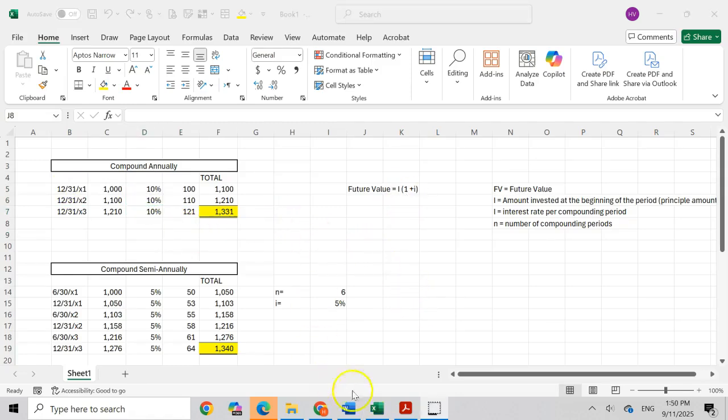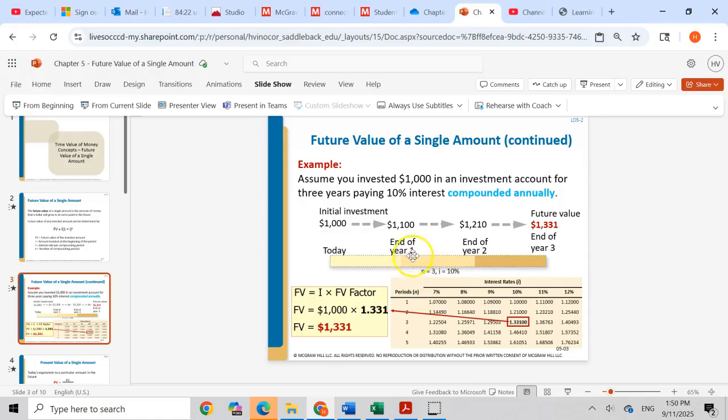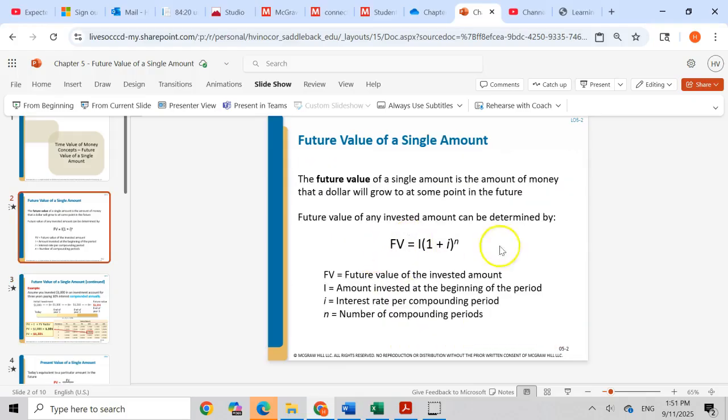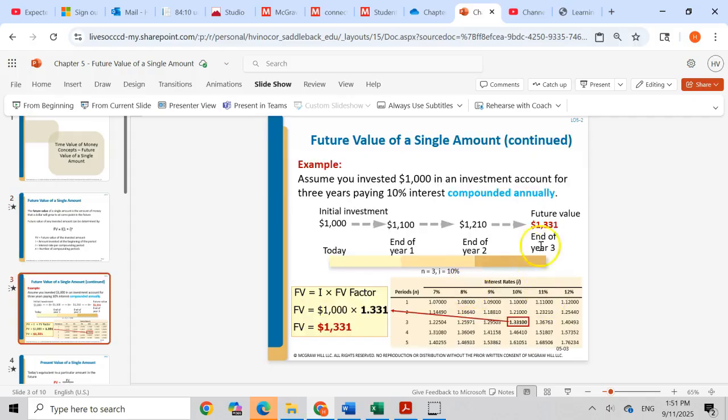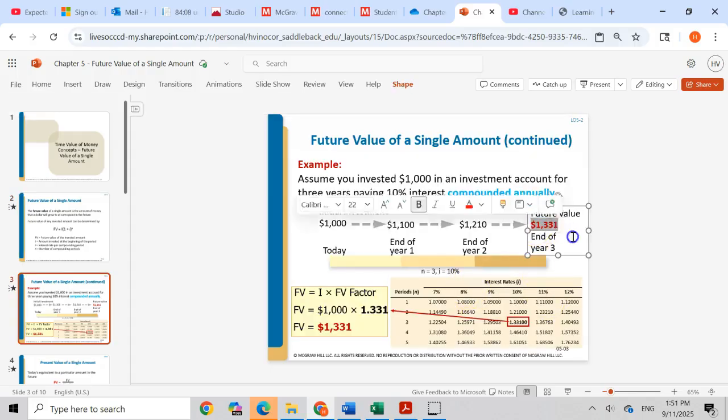So if we were to use the formula that we see right in here, we would put $1,000 times 1 plus 10% to the third power, right? We would get $1,331 at the end of that calculation. Just trust me, the math works.